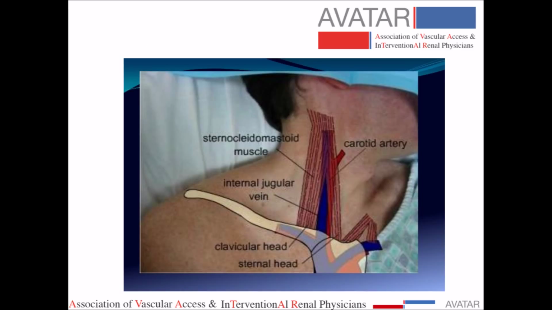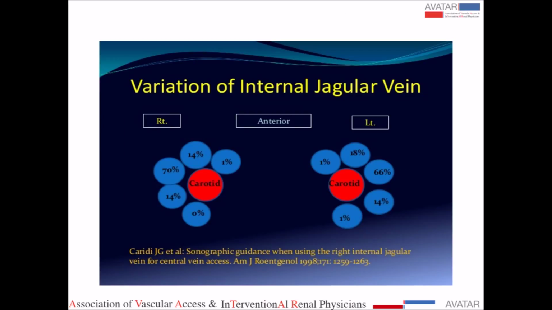This is to tell the residents, and many of you are aware, that this is the traditional landmark technique. This is the anatomical triangle between the two heads of the sternomastoid and the clavicle, and here lie the carotid artery as well as your internal jugular vein. Traditionally, in the landmark technique we use this kind of anatomy.